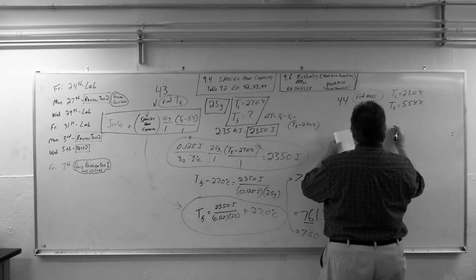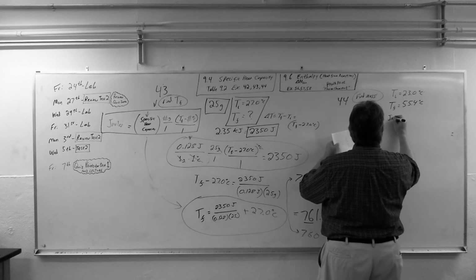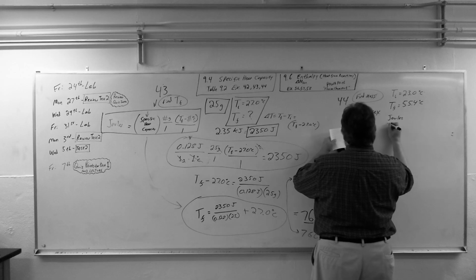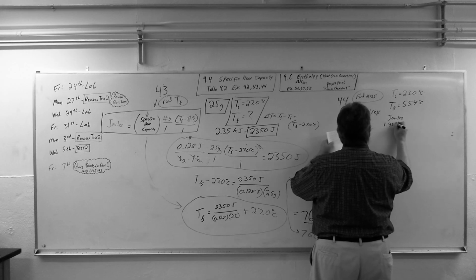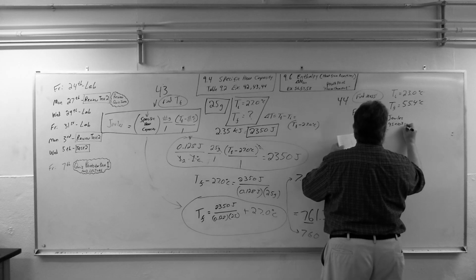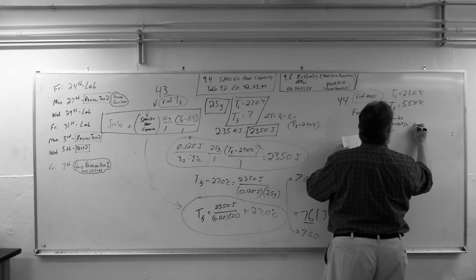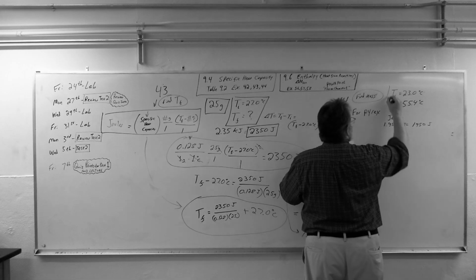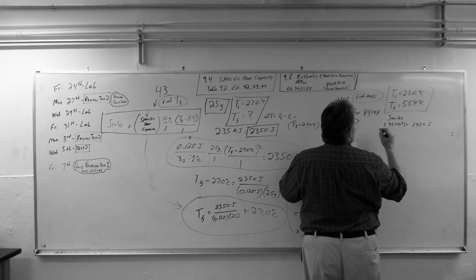And you're also given the joules. But they give you 1.95 times 10 to the 3. And you can go ahead and turn that into 1950 joules. So you're given the temperatures this time.